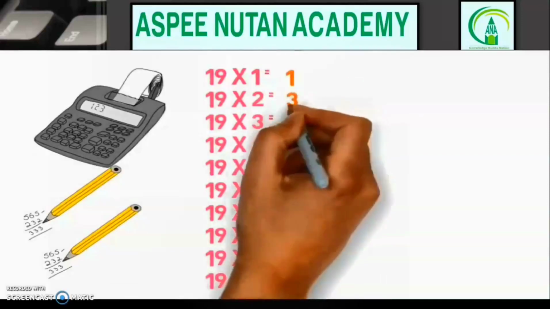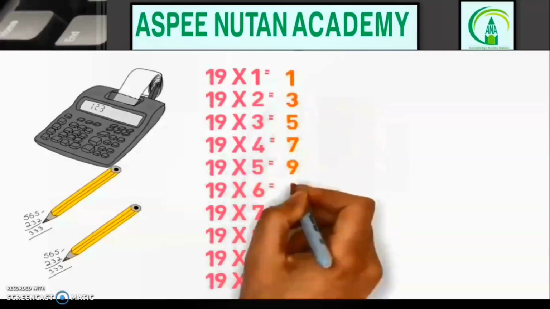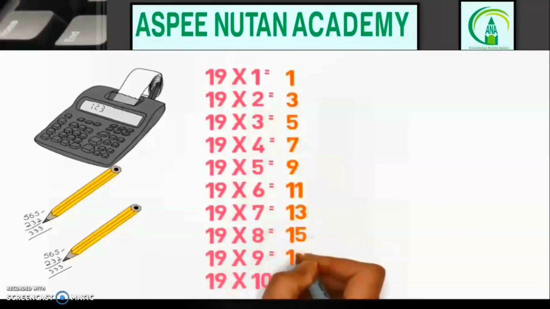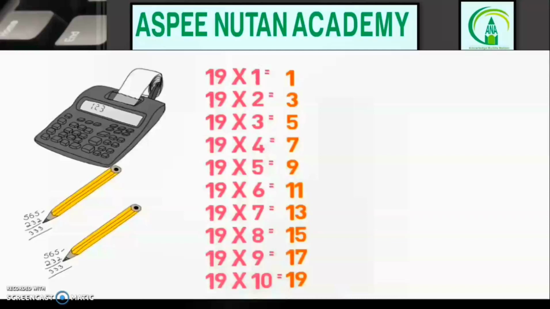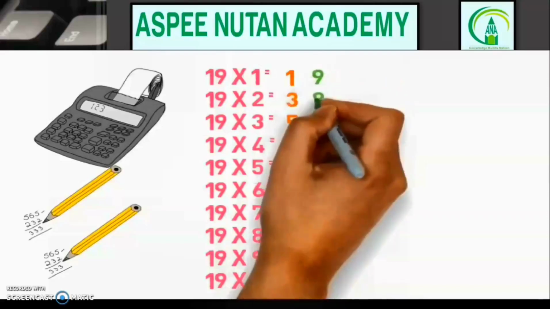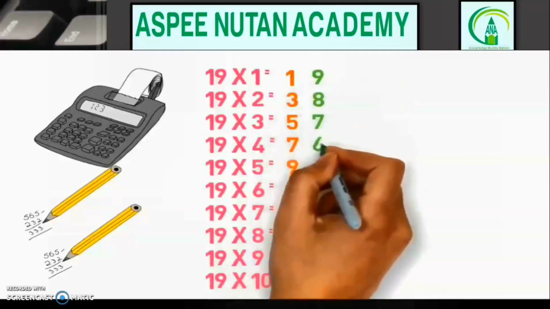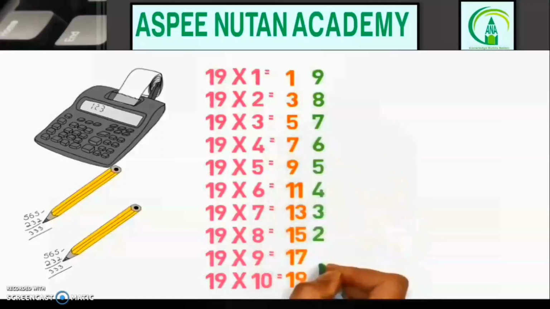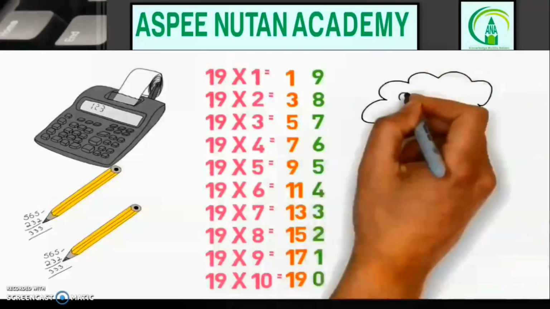Now we write the odd numbers 1, 3, 5, 7, 9, 11, 13, 15, 17 and 19. And now for the magic, we write 9 and 0. So that is 9, 8, 7, 6, 5, 4, 3, 2, 1, 0. And there you have it, the table of 19.